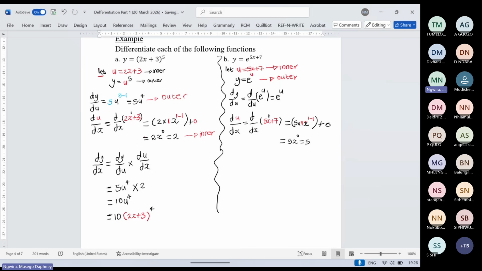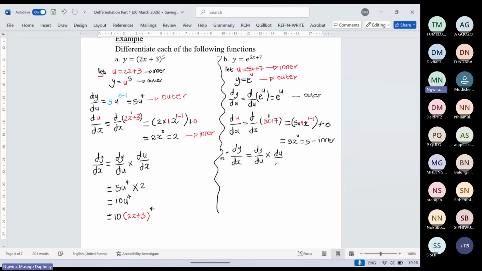This is the derivative of my outer. This is the derivative of my inner. And then the chain rule says that the derivative of a composite function is equal to the derivative of your outer times your inner. The derivative of my composite function with respect to x is equal to the derivative of my outer times the derivative of my inner.